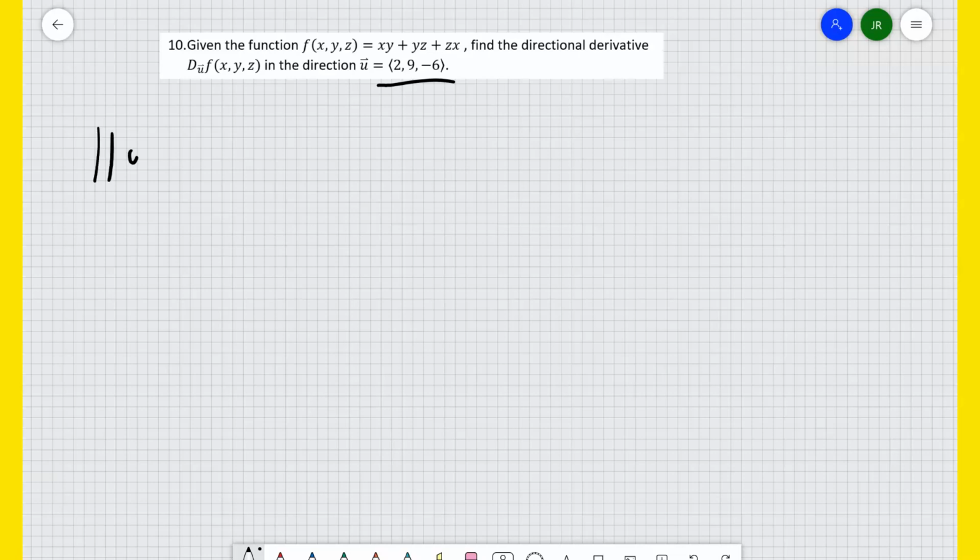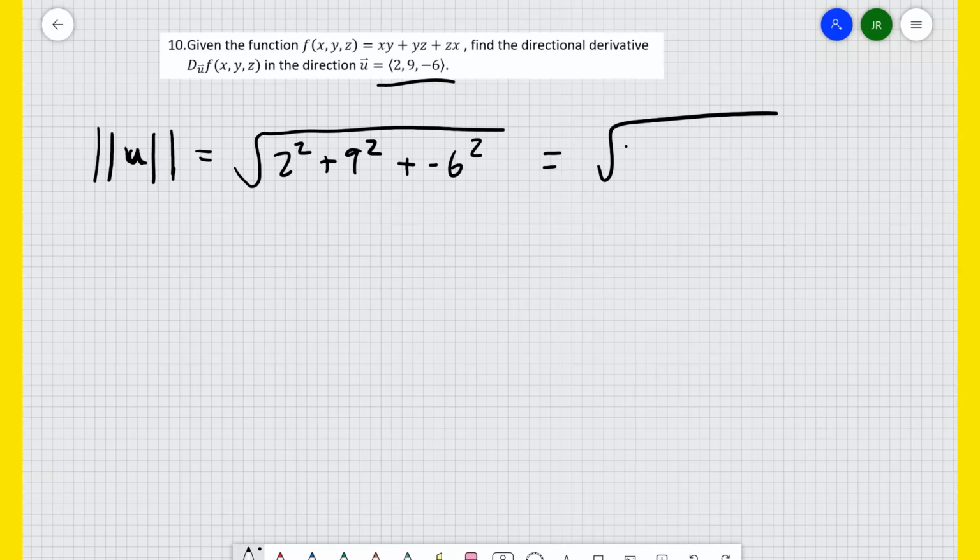The length of u, that's what that symbol means, is the square root of 2 squared plus 9 squared plus negative 6 squared, which is the square root of 4 plus 81 plus 36, which is the square root of 40 plus 81. I think that's 121, which is 11, I think.